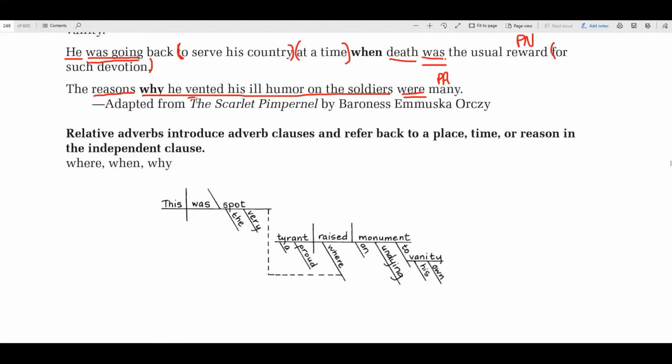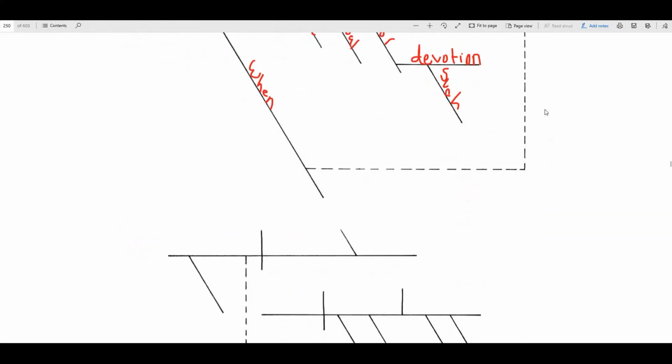So vented would be the verb, he would be the subject. And then, of course, on the soldiers is a prepositional phrase. This is an action verb, so we'll see if there's a direct object. He vented who or what? He vented humor, so this would be a direct object. It's crazy, isn't it? You've got a direct object and a predicate adjective in the same sentence. That's okay. That just means we're learning a lot.